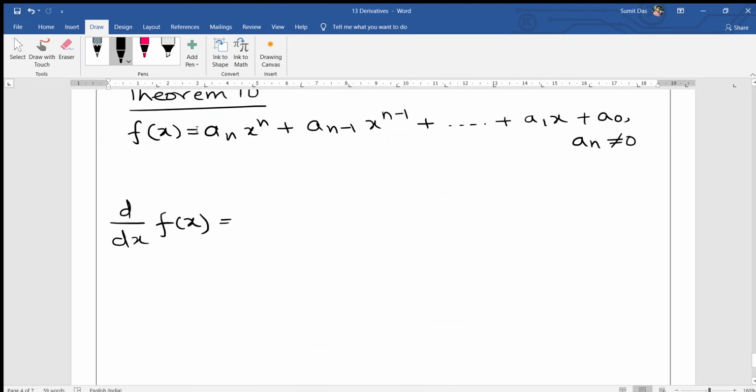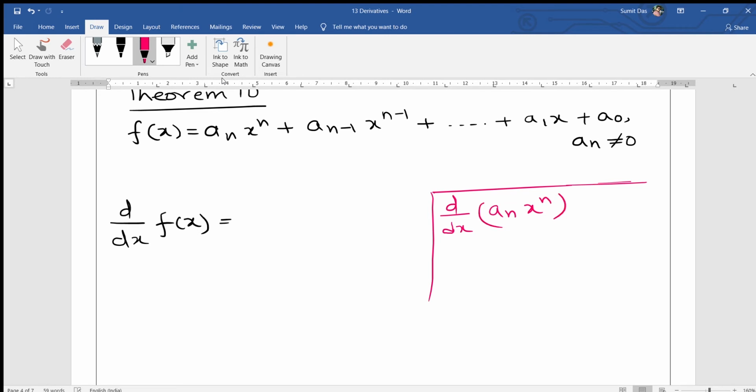So what will be the derivative of this one? Here a_n is the constant. I'm showing you the derivative of a_n x to the power n, then you will understand. In d by dx, whenever we have an x term, that is f(x).